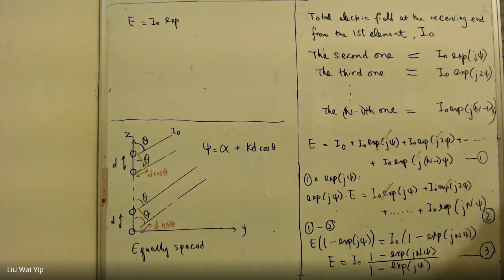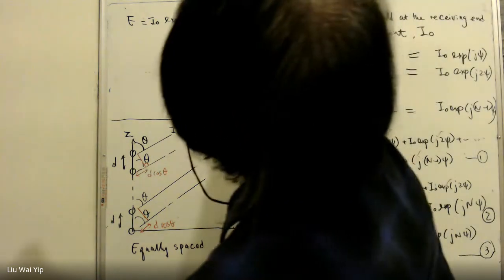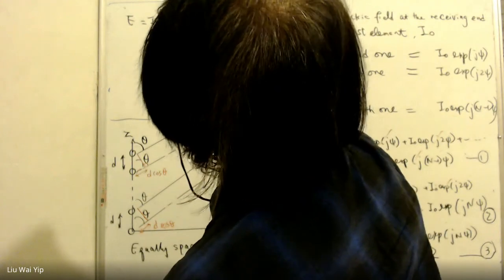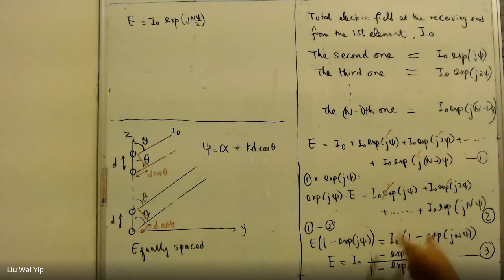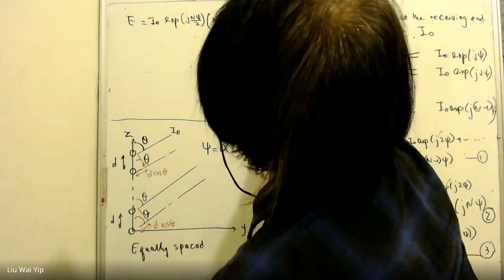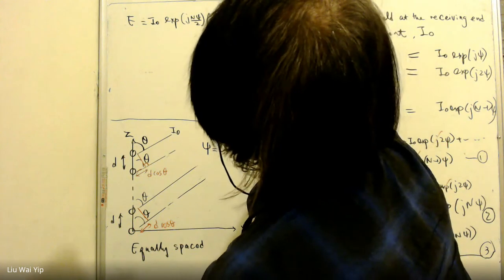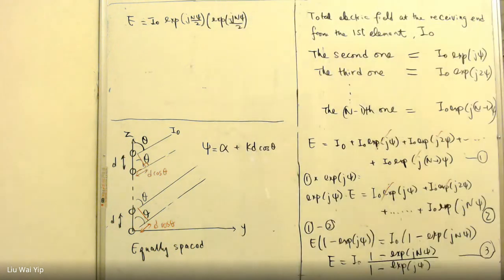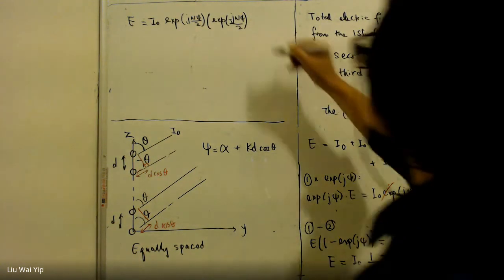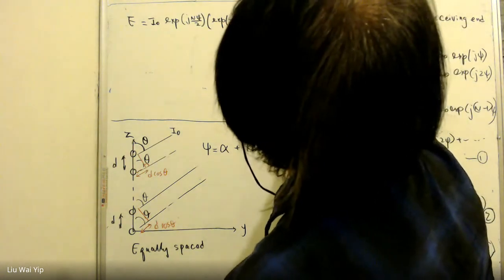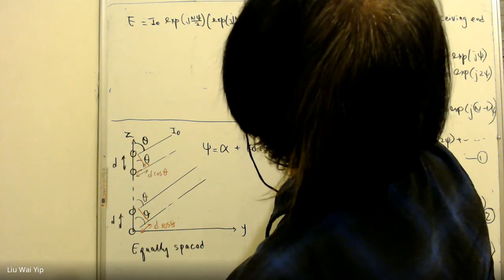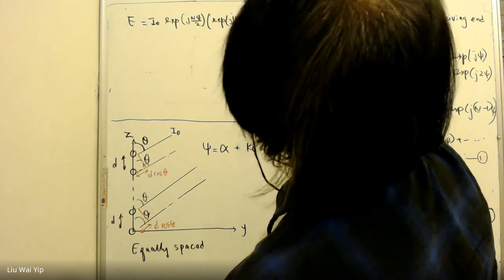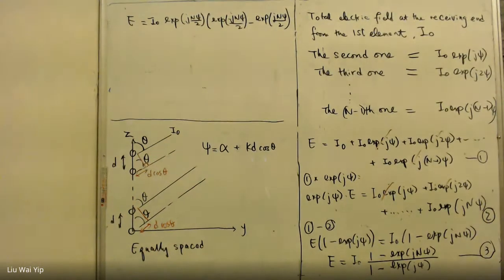Let me see. Yeah, we should extract this term here so that the term here can be written as minus j, and this one here will be j theta. And we can continue here.